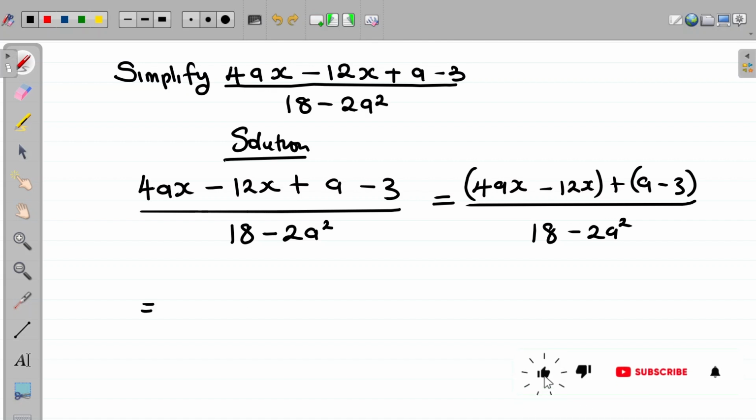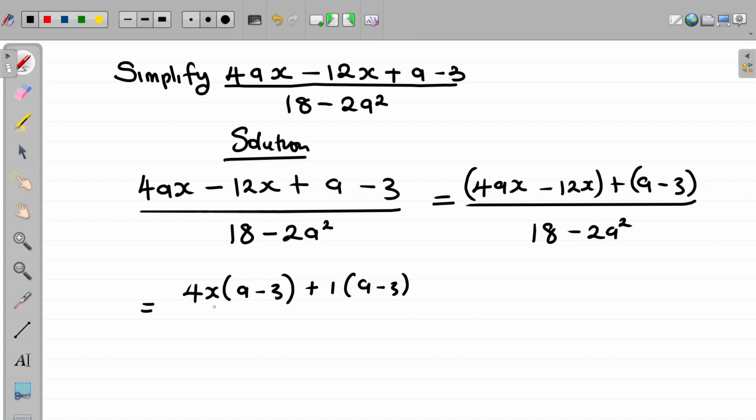Now, from our numerator, if we apply our knowledge of factorization, our expression becomes 4x open bracket a minus 3, because 4x times a is 4ax and 4x times negative 3 is negative 12x, plus 1 times a minus 3, all divided by, now also we can express our 18 as a product of factors.